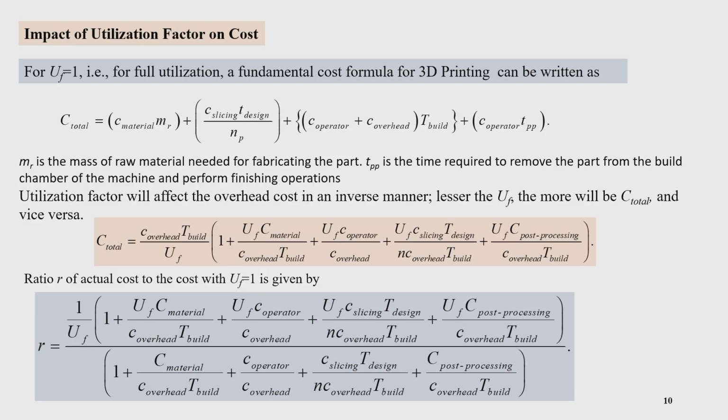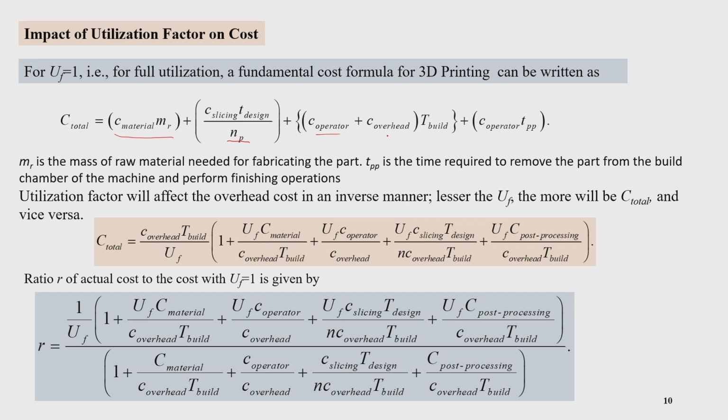So, impact of utilization factor on cost. If utilization factor is 1, that is full utilization, then we make a formula, and we say the fundamental cost formula for 3D printing can be written as C total is equal to C material into MR. This is the mass of raw material needed for fabricating the part, and this is the cost of that. C slicing into T design, that you designed and sliced, but you have to divide this part by the number of products, because this cost gets divided.